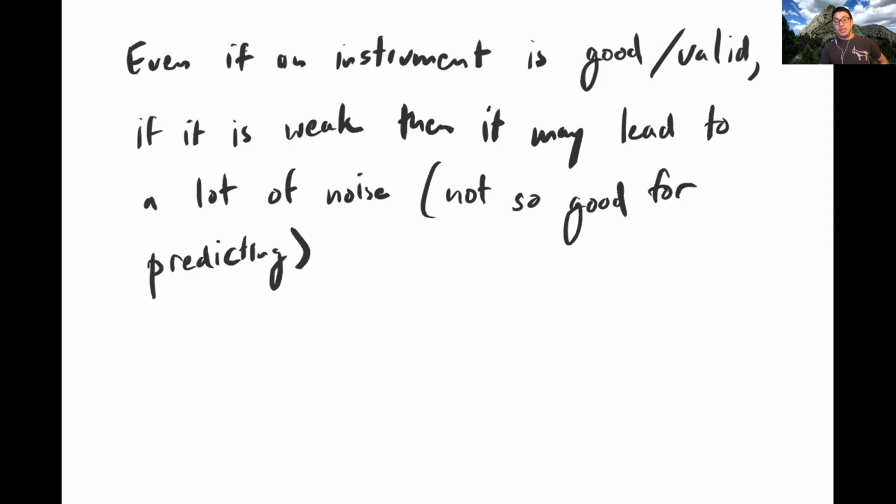Okay, so what does that mean? So what does it mean that it's a weak instrument? For this example that we've been talking about with the dentist orders, that may be a really good and really valid instrument if we can look at the relationship between dentist orders and, say, your diet and exercise. We may find that it's pretty much independent of that, right?